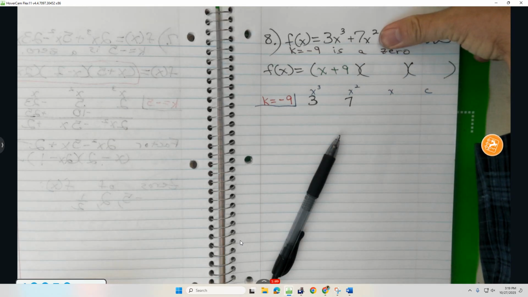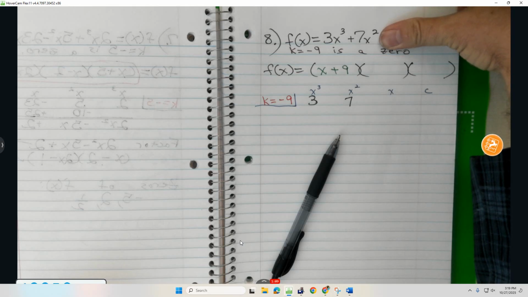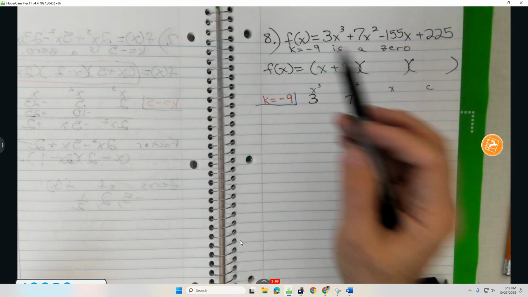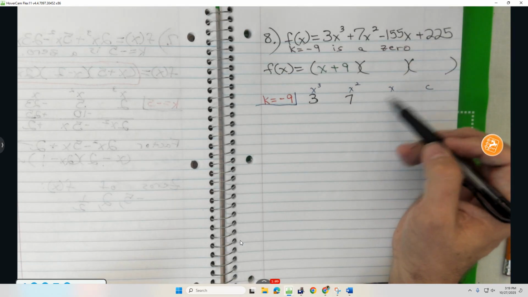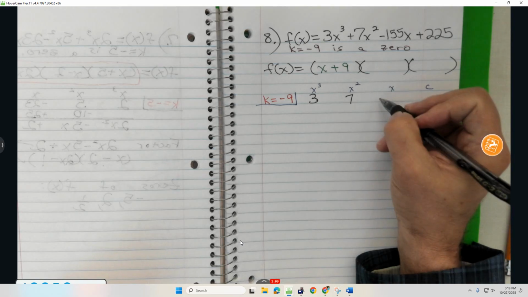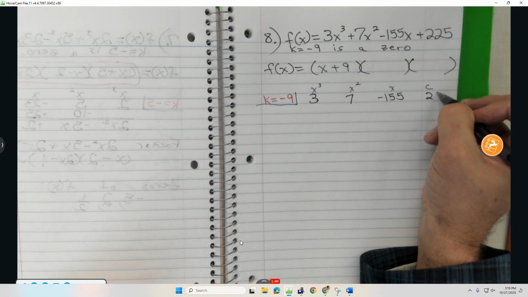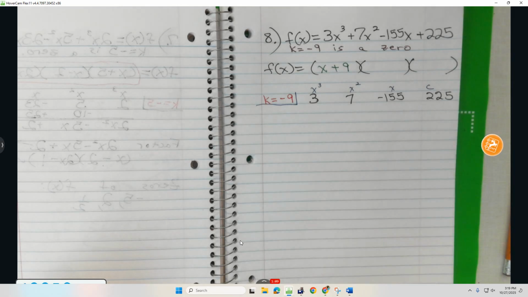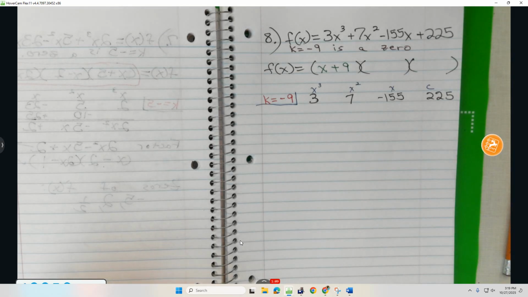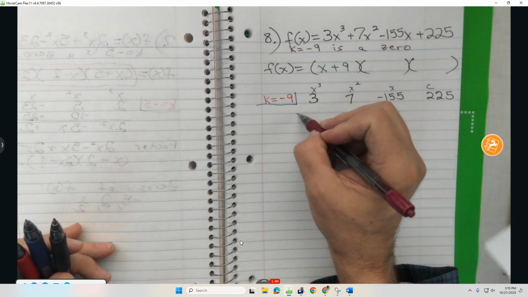If one term is missing, then what's the coefficient? You have to put a number there. 0. If there were a term missing, you put a 0. Fortunately, there isn't one missing. Then I draw my line.